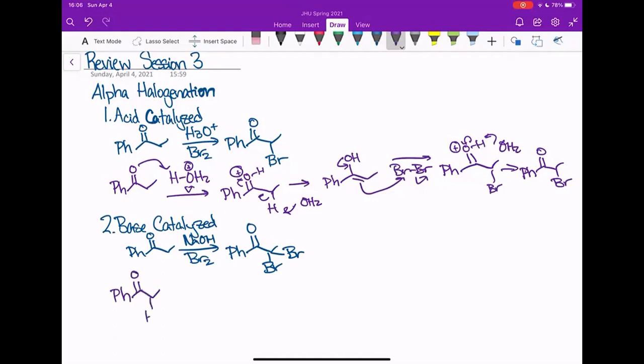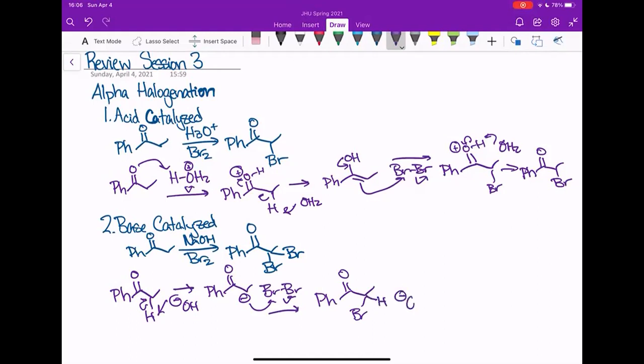So in this reaction, instead of protonating first, because you don't want any positive charges, you're going to grab that hydrogen on the alpha position and deprotonate. Once you do that, because you have more base in solution, you're going to also grab that other proton to do the same reaction.